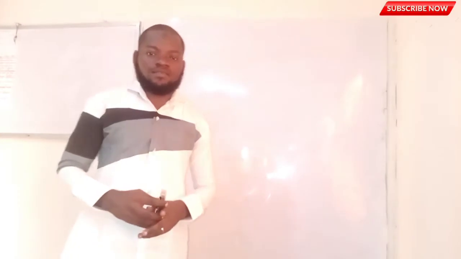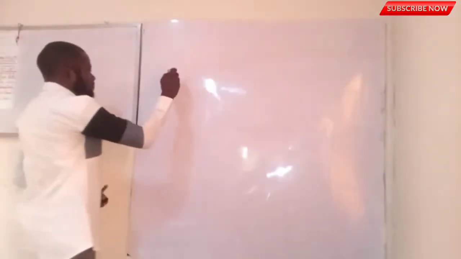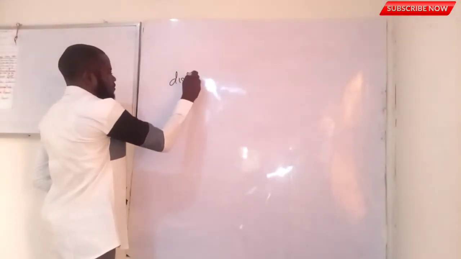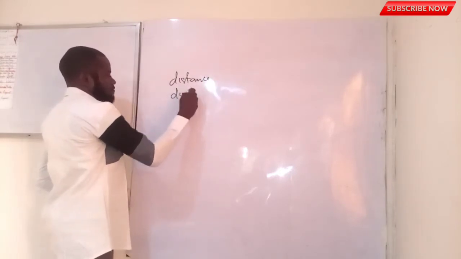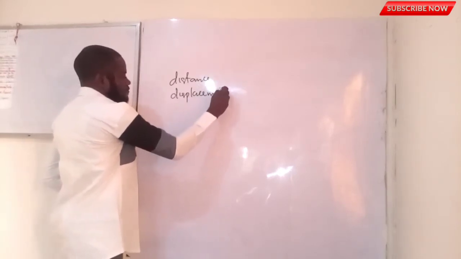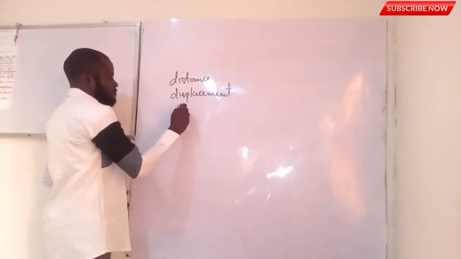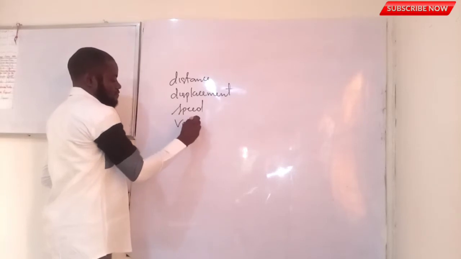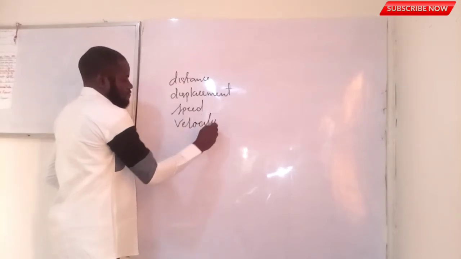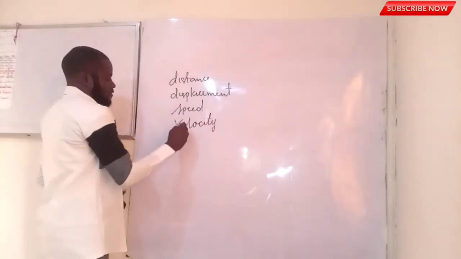Now, what are those things? We need to understand what is called distance, displacement, speed, velocity, and acceleration.